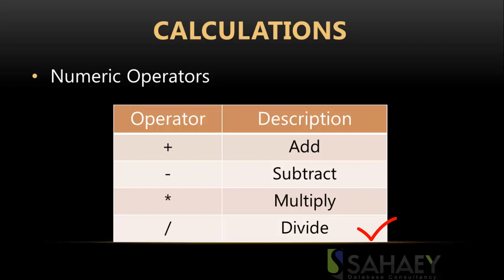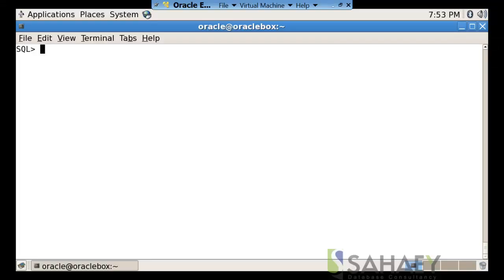Let's see an example. To calculate twice the employee salary, we would type select the employee name, the original value in the salary column, and salary multiplied by 2 from the EMP table.